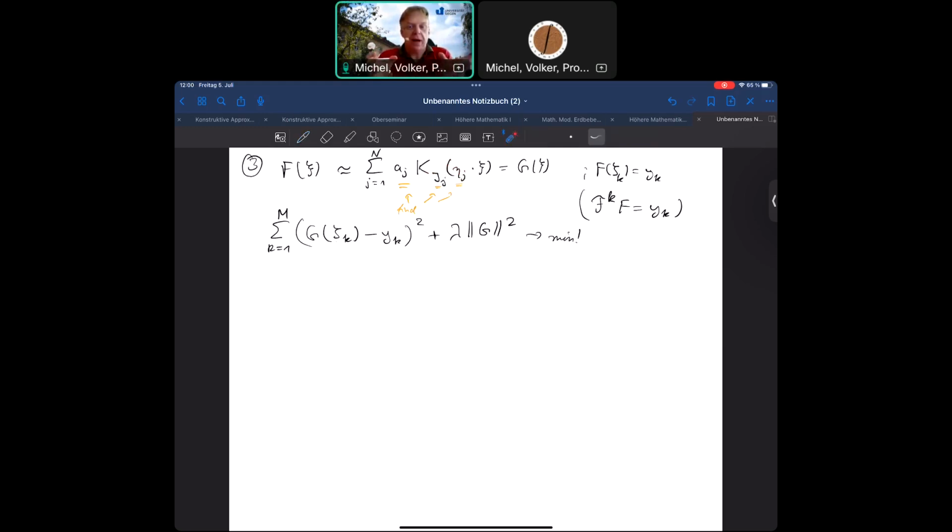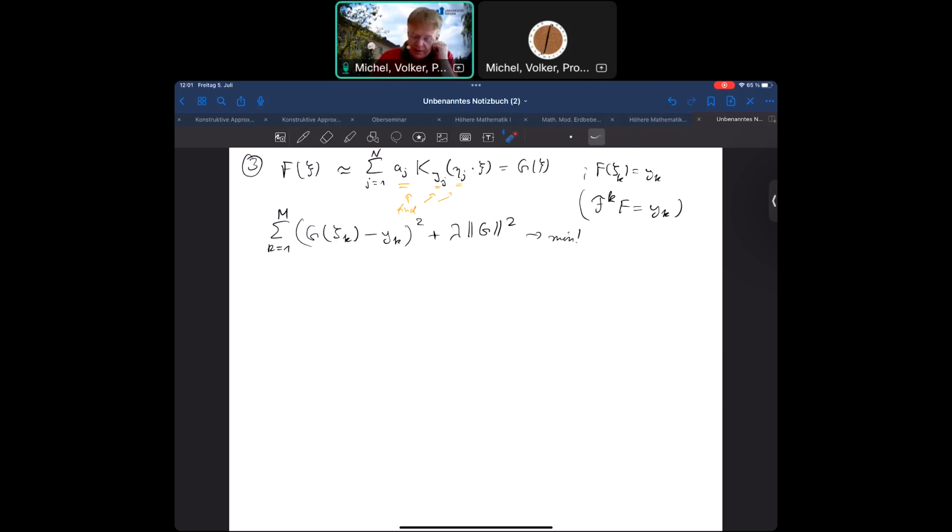In fact, if you have some areas where you want a higher resolution, you can take different kernels with finer peaks. And in other areas where you only want a coarse resolution, because the data doesn't give you more, or there's not much structure in the solution, you can adapt this again.